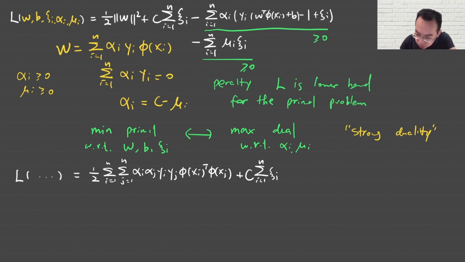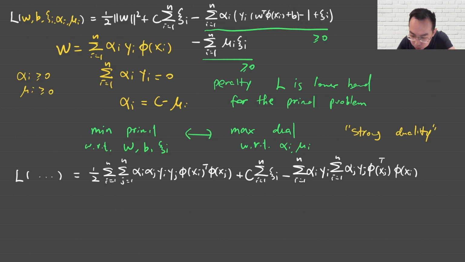Then the third term, we just plug in the vector W into it. Okay, this is going to be a long term. You have alpha I, y i, and then the summation alpha j, y j, phi x j transpose phi x i. Then we also have the B term, right? Let me just write out each term separately.